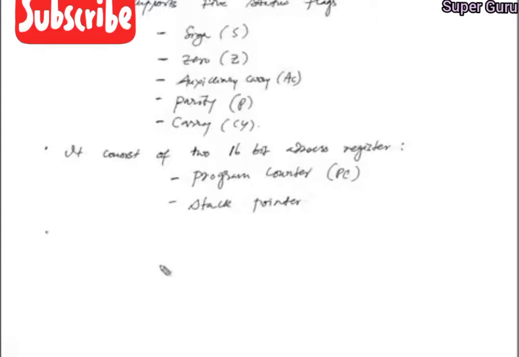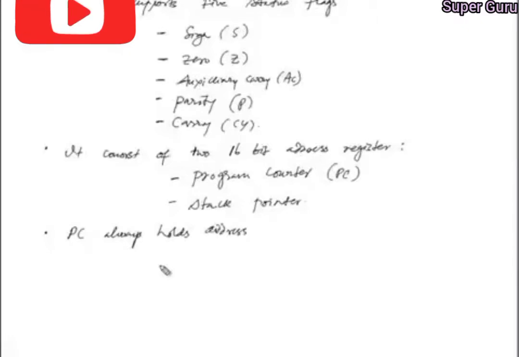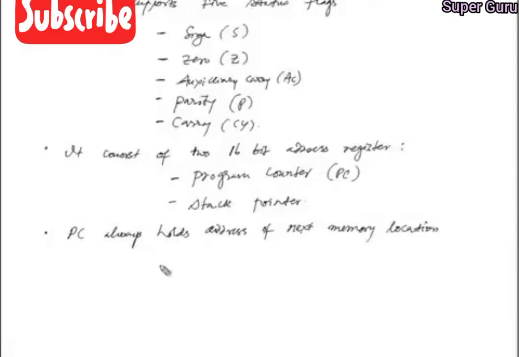Then what is a program counter? This program counter, PC, always holds the address of the next memory location to be accessed.